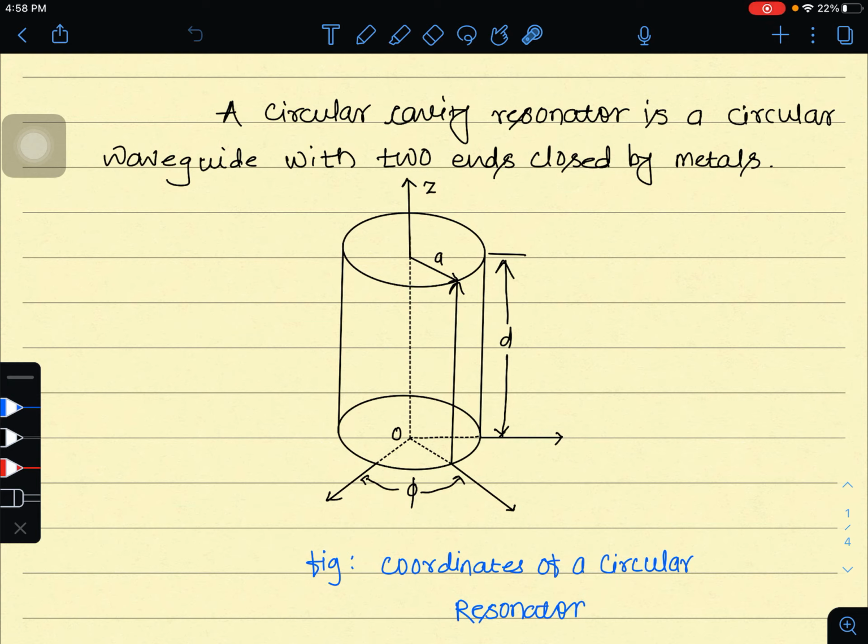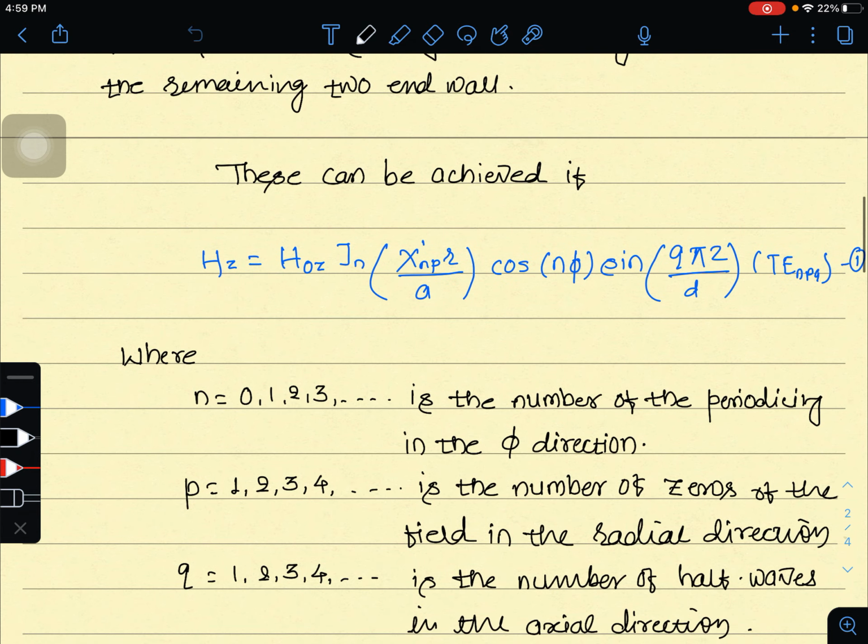We obtain one equation from the circular waveguide related to the transverse electric mode, and this equation is Hz equal to H0z Jn(x'np r/a) cos nφ sin(qπz/d) into TE npq.